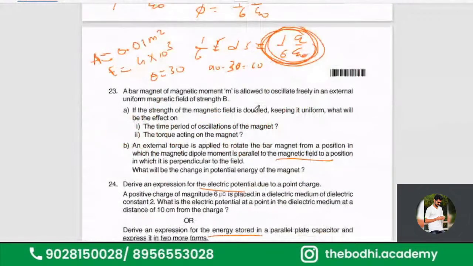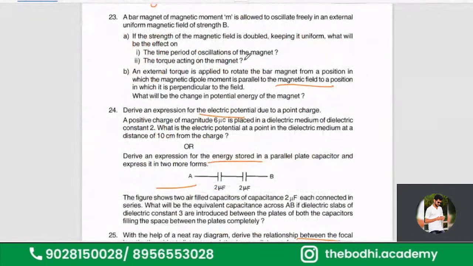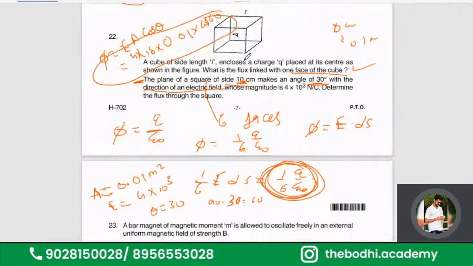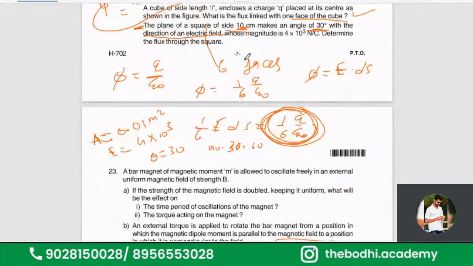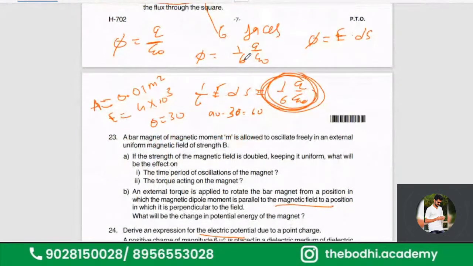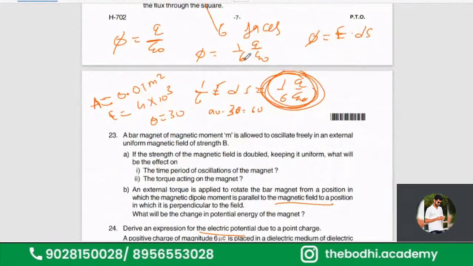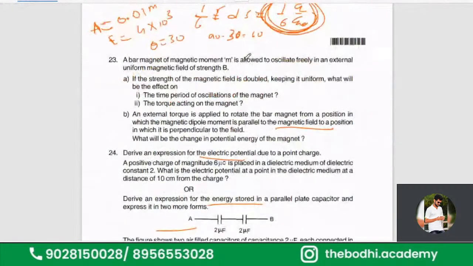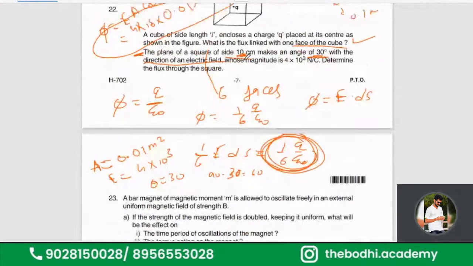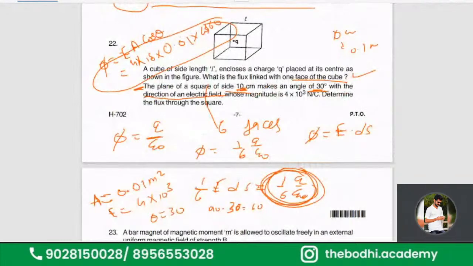Alright. Next one. You want to copy? You need time? Okay, I think someone is copying. Just copy.